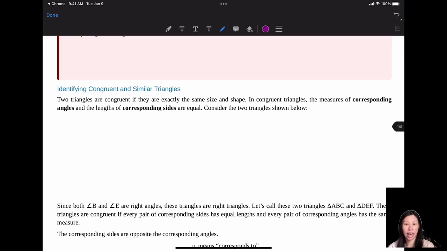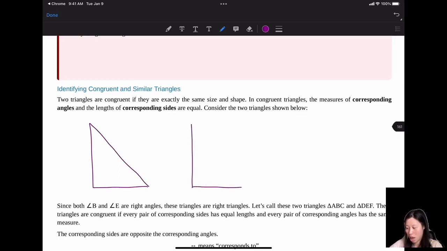In congruent triangles, the measures of the corresponding angles and the lengths of corresponding sides are equal. For example, you have two triangles like that. Everything is exactly the same size and same shape. Sometimes they can be in different locations. Let me give a better example, such as this one.